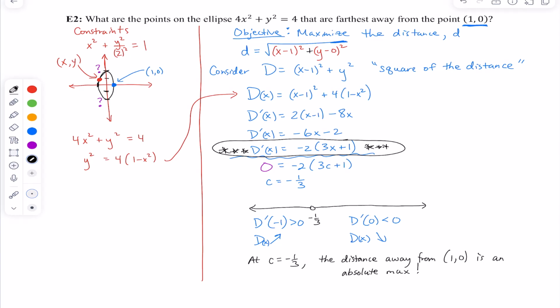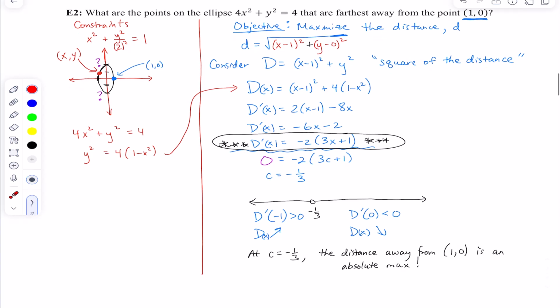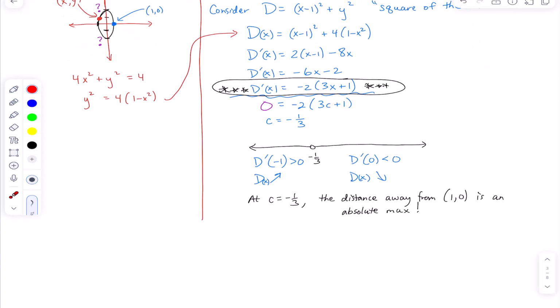Now, how do we get the actual points? So I'm going to take this and I've got to go back. No problem.